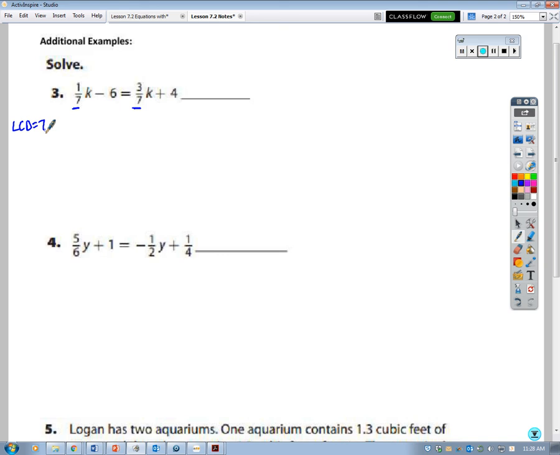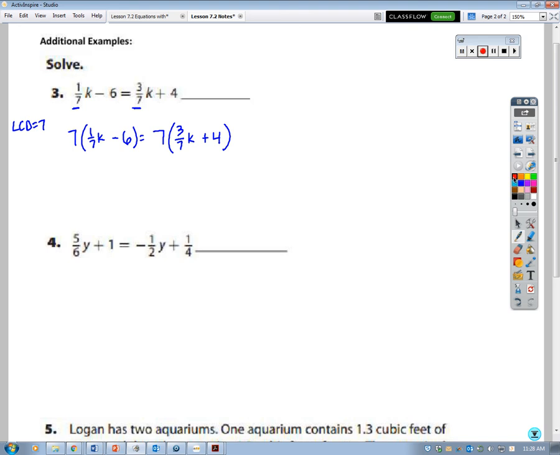Now we're going to multiply both sides of the equation by 7. So 7 times (1/7 k minus 6) equals 7 times (3/7 k plus 4). Okay, so I've got my least common denominator multiplied by both sides of the equation. The next step is to distribute.